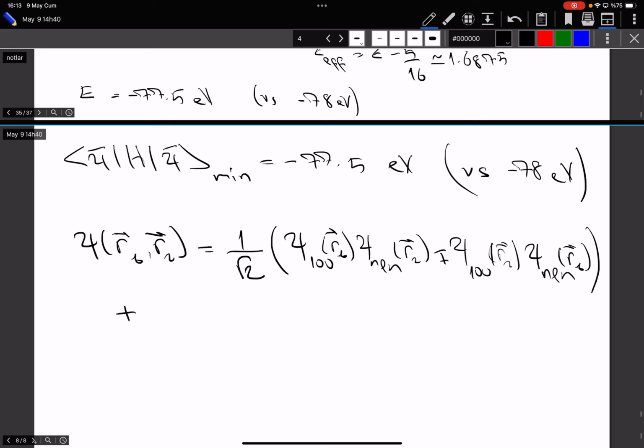Plus for the symmetric space wave function, minus for the anti-symmetric. If the space wave function is symmetric, the spin should be anti-symmetric, which is S equal to 0. Minus for anti-symmetric space wave function, so the spin wave function has to be symmetric, so the spin has to be 1.